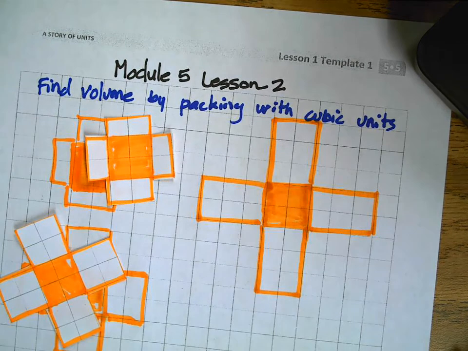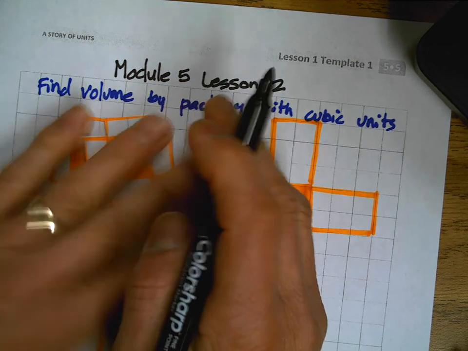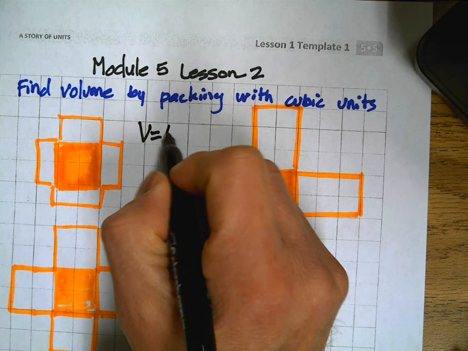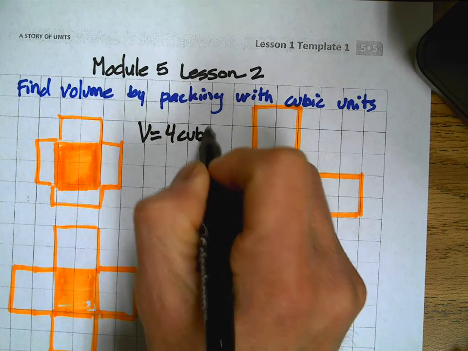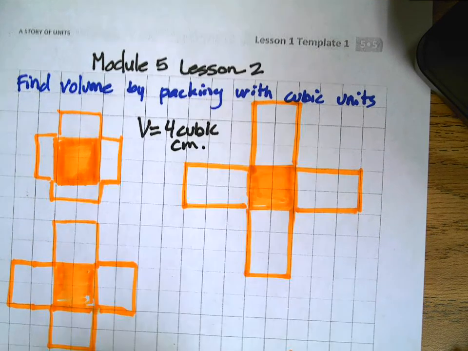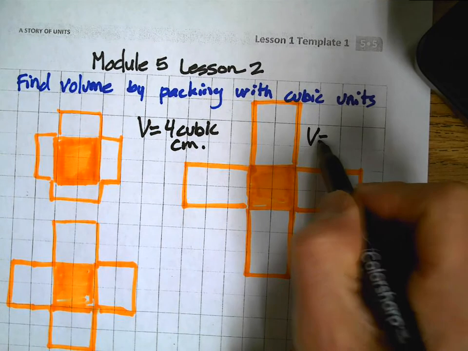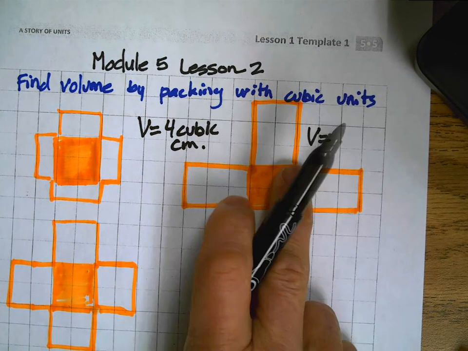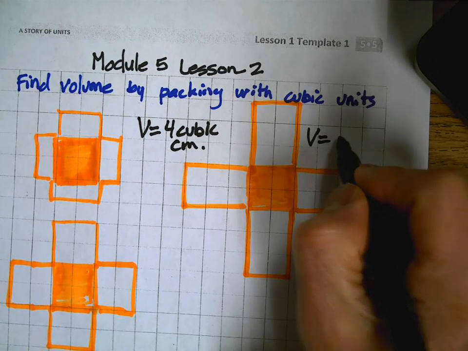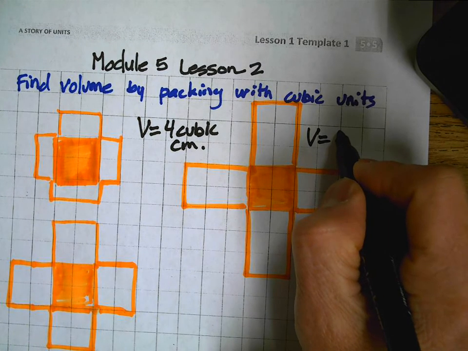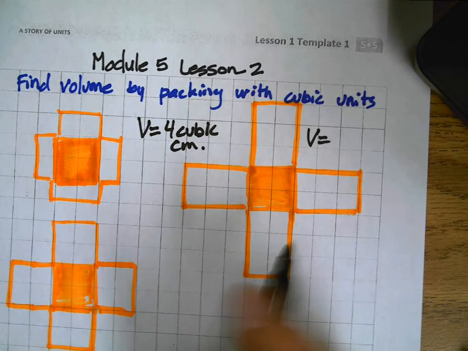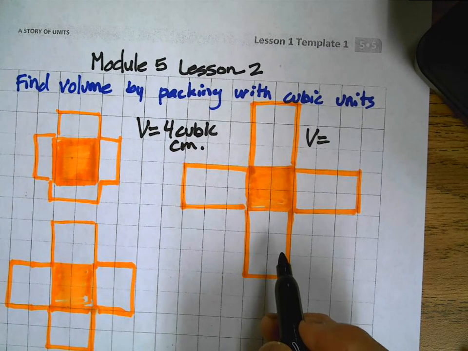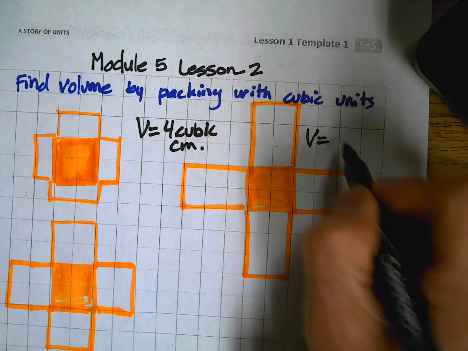And one more thing, when you're doing this, the volume of this, for example, is going to be 4 cubic centimeters. And the volume for this is going to be, well, we said that it was how many layers? 1, 2, 3. Each layer has 4, so it's going to be 3 times 4 equals 12.